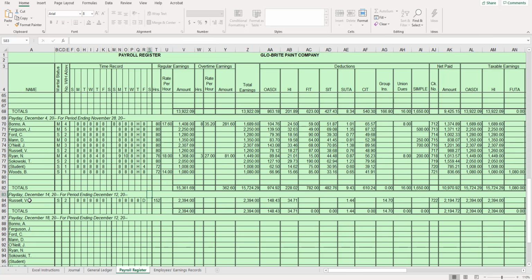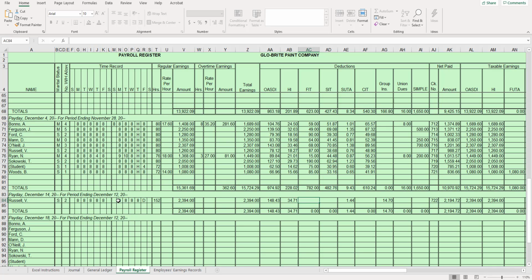First off here, in that transaction, we computed the pay for Virginia Russell on December 14th. She died, and so we had to issue her final paycheck to her estate. We completed this in class. I just thought I would show you in this video what we came up with here, so that you could check your work.